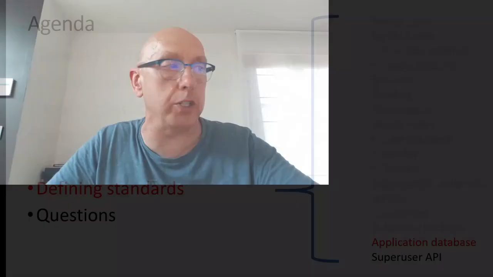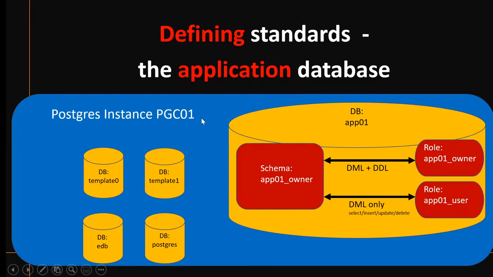So when they install the application, and let me show you my slide, when they install the application, they get a database with the name of the application, in this case app01.